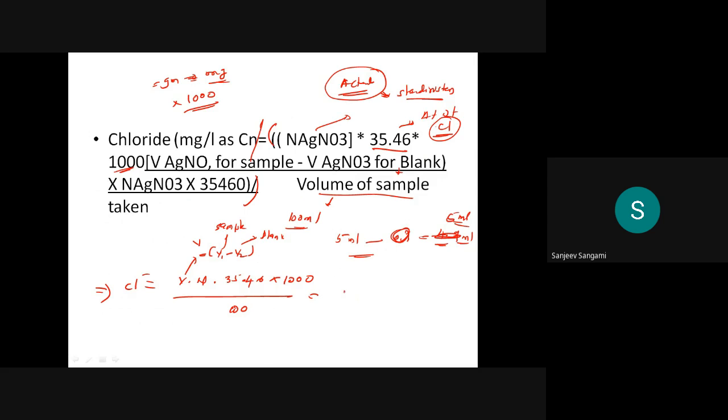That will be in milligram per liter as Cl minus. This is the unit of chloride. This is how we have to conduct the chloride experiment. Remember, the titrant which you are taking is AgNO3, the indicator we are using is potassium chromate, and the end point is brick red.